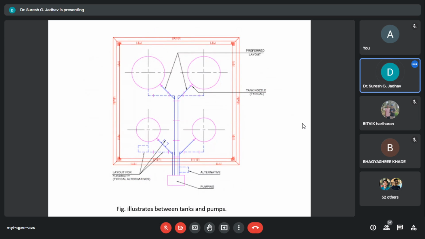So here we can consider the optimum piping arrangement in tank farms.